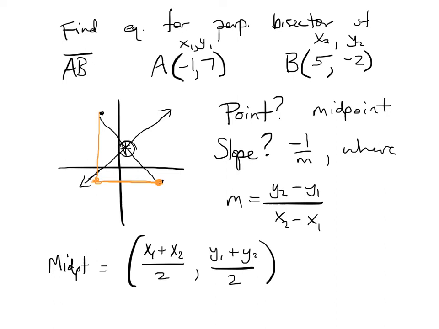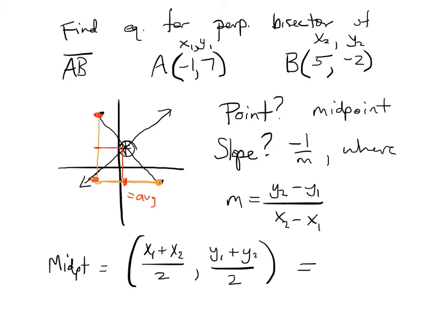The x-coordinate of the midpoint is the midpoint of that orange line segment, which is the average of the endpoints. Same thing for y. So these two give us the coordinates of the midpoint, exactly halfway between the endpoints, and the short way to figure that out is the average.